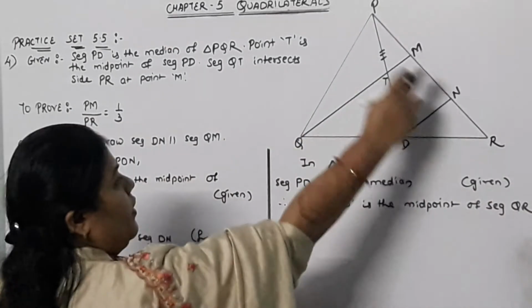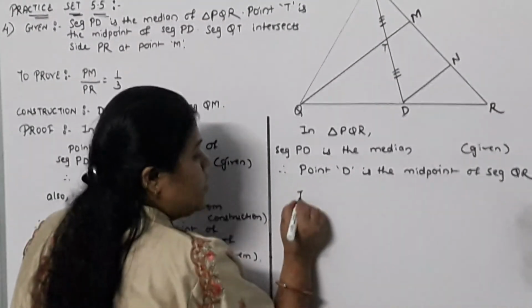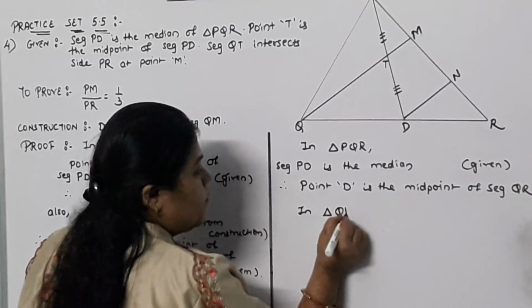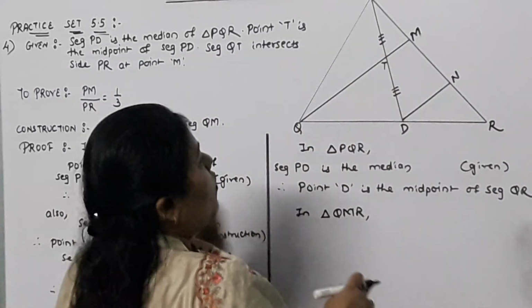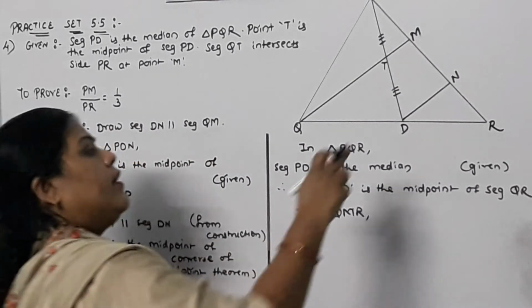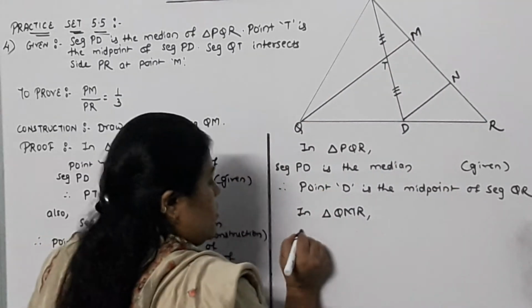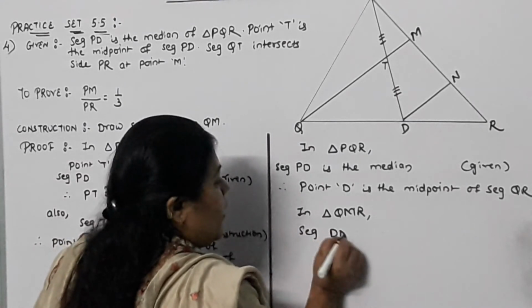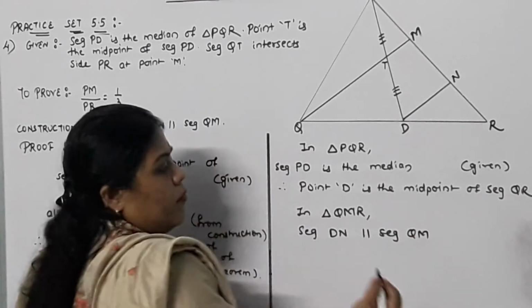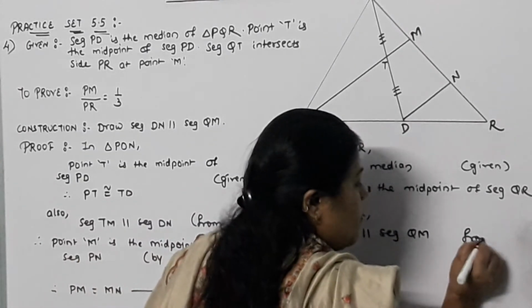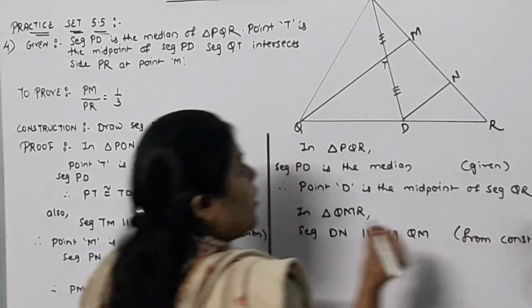Now we will take triangle QMR. In triangle QMR, seg DN is parallel to seg QM from construction, right?